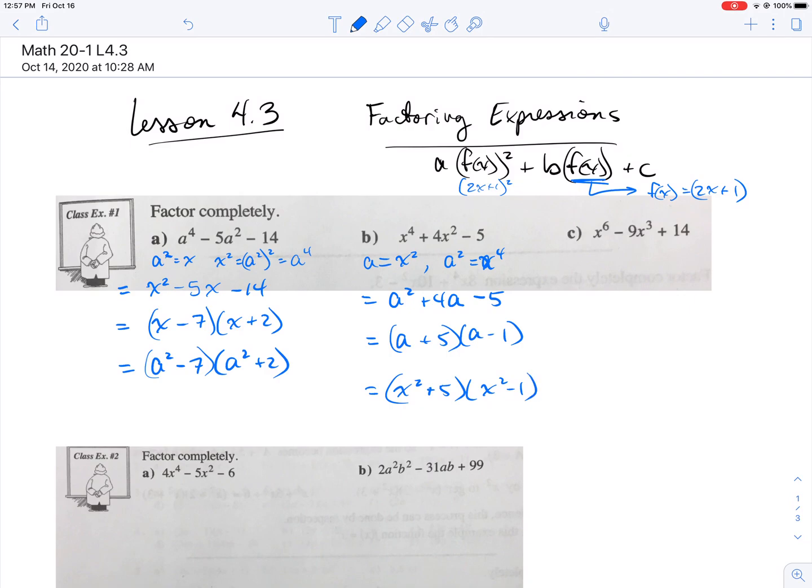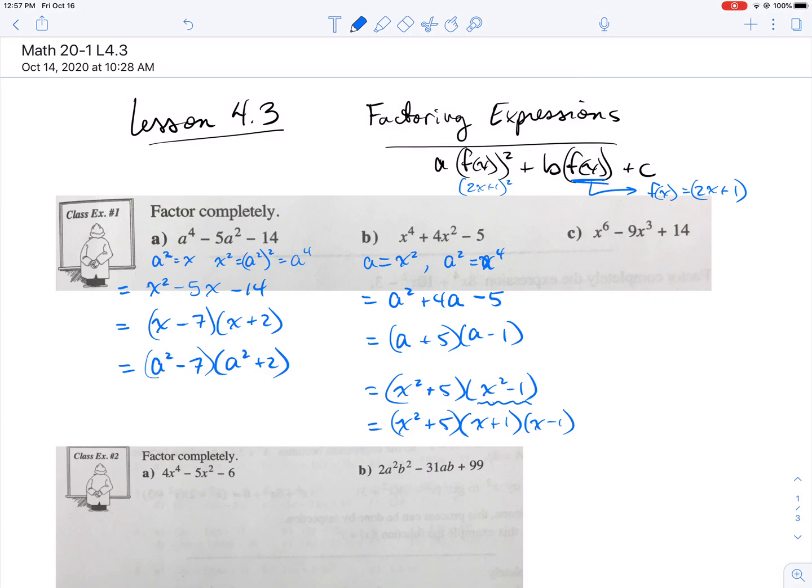Except now, once I've substituted the x squared back in, I discover that I have a difference of squares here. So I'm going to say x squared plus 5, x plus 1, x minus 1. So this is what happens when we start factoring functions, or factoring where we have functions instead of variables. Sometimes some interesting results will result.